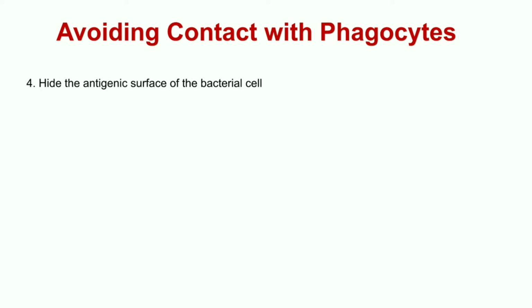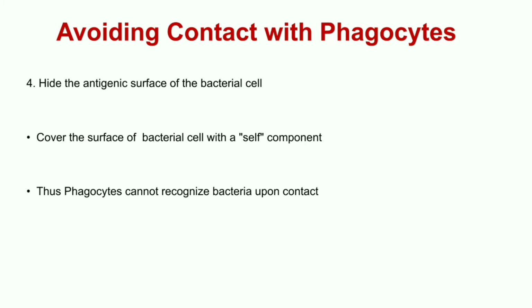The fourth strategy is to hide the antigenic surface of the cell wall. Some pathogens can cover the surface of the bacterial cells with components which are seen as self by the host phagocytes and the immune system.